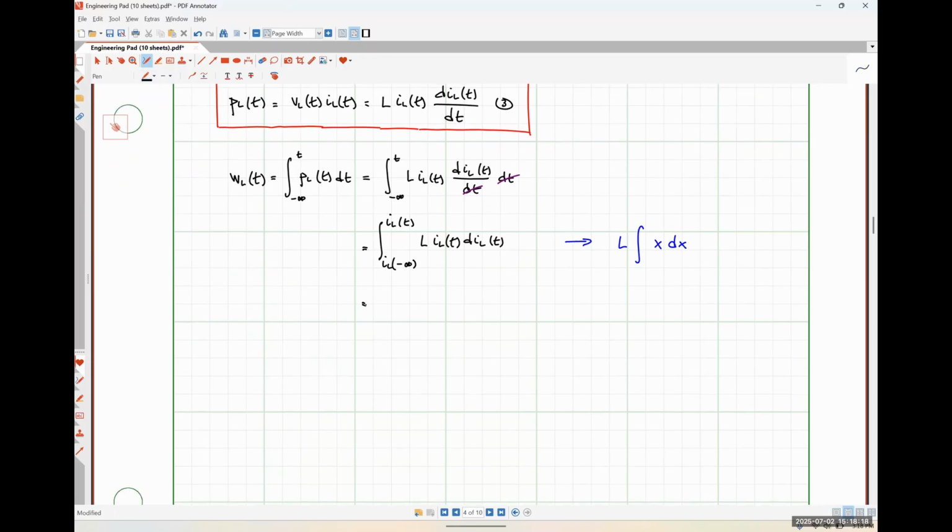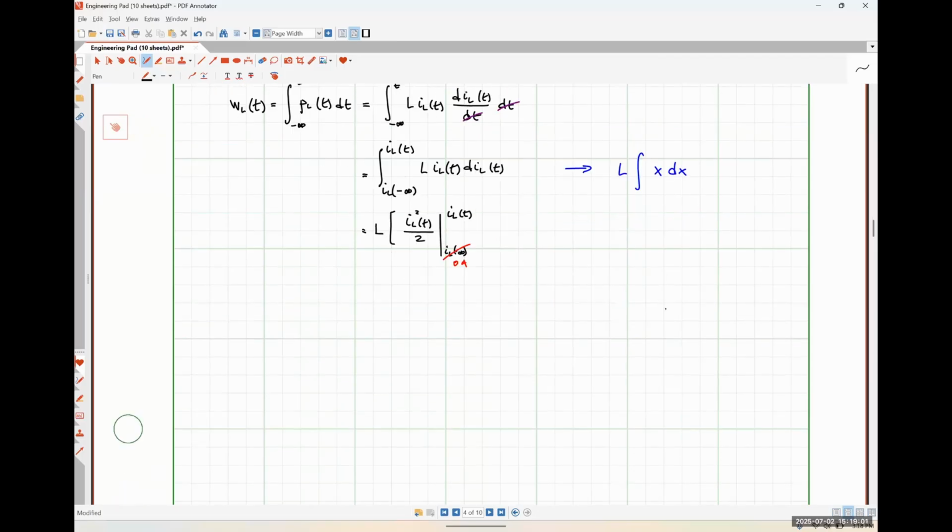So that's going to look like L times IL of t squared over 2, evaluated at IL of t and IL at negative infinity. Sorry, I drew that so badly. We're going to make an assumption here, and we're going to say that the current that was flowing through the inductor at the beginning of time was 0 amps.